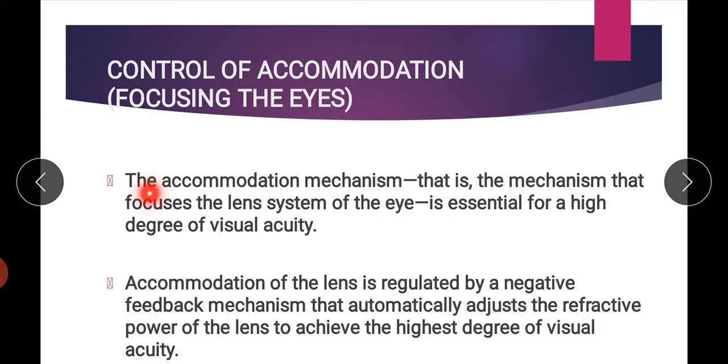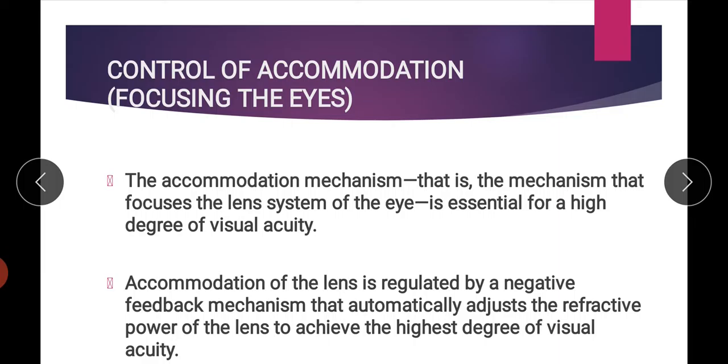The accommodation mechanism, that is, the mechanism that focuses the lens system of the eye, is essential for a high degree of visual acuity, particularly to see near objects. Accommodation of the lens is regulated by a negative feedback mechanism that automatically adjusts the refractive power of the lens to achieve the highest degree of visual acuity.